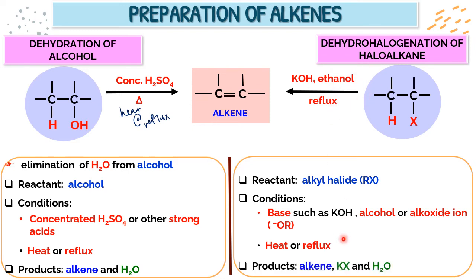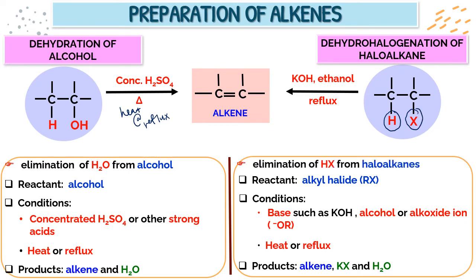So the product that we will get over here, obviously we're going to get our alkene, and then we have KX, which is actually the salt, plus water. So in dehydrohalogenation of haloalkane, to form the carbon-carbon double bond, what we did is we remove H and X from here.